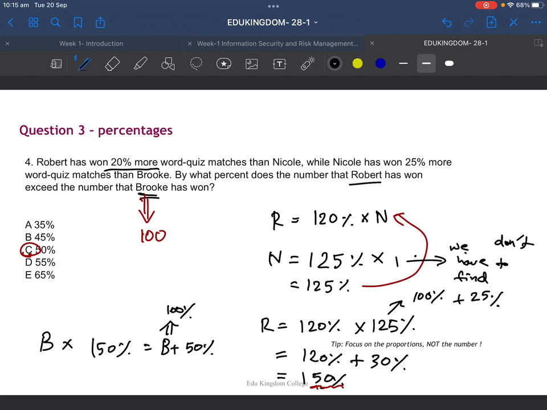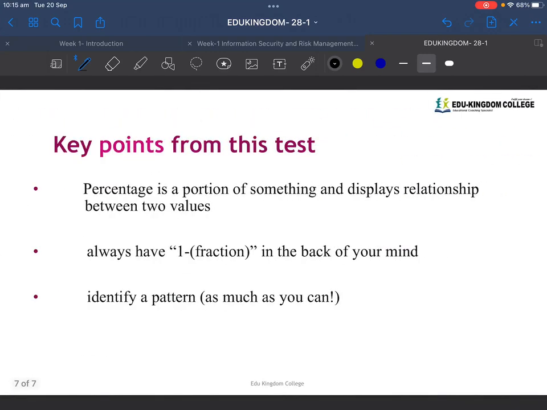Because 125% of 120% refers to a relationship between two values, and these two values in this question happen to be Robert and Brooke. So we can find the relationship between these two boys purely by percentages, and we don't have to find true values of anything. That's what I mean by what percentage is.